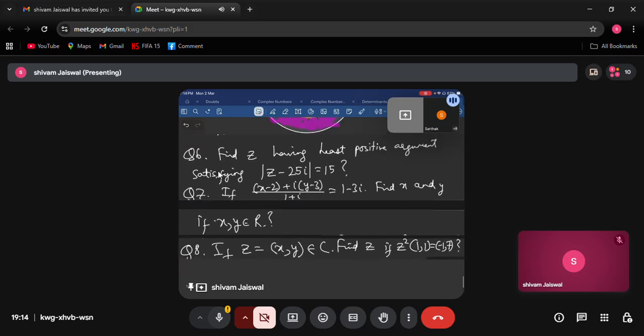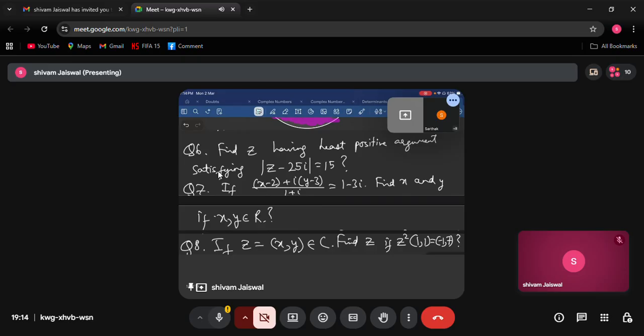Solve 6, 7, 8. Question number 9. Z square plus 2 into 1 plus 2 iota into z minus of 11 plus 2 iota is equal to 0.